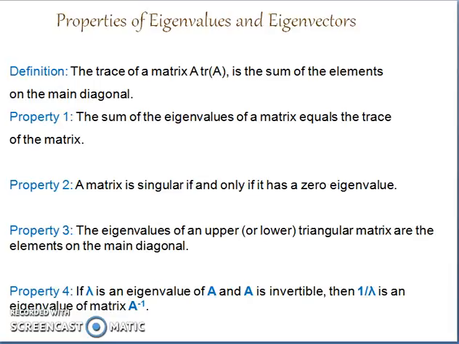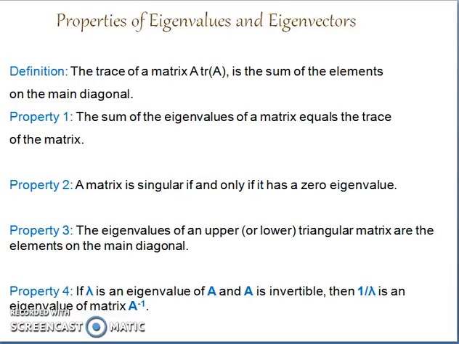I repeat, the trace of a matrix is the sum of the elements on the main diagonal of a matrix. Regarding the properties, the first property is that the sum of the eigenvalues of a matrix is equal to the trace of the matrix.